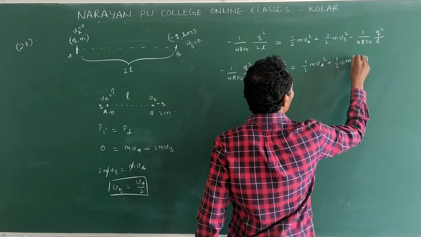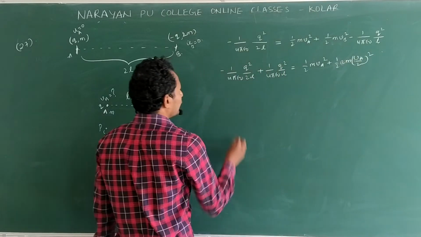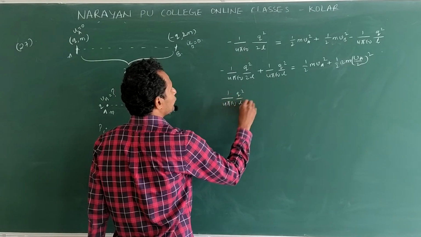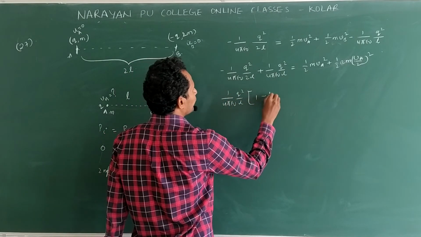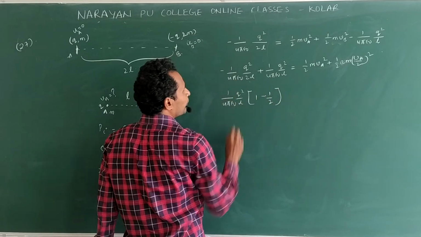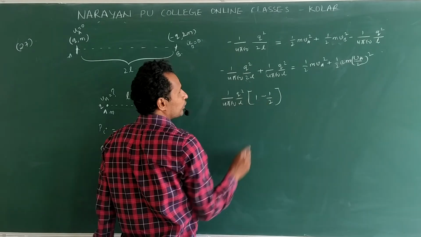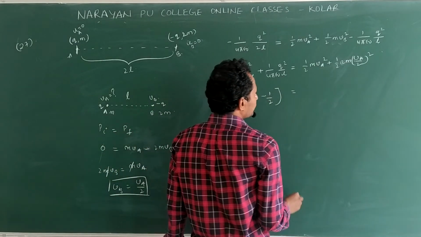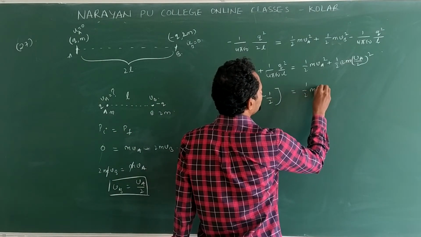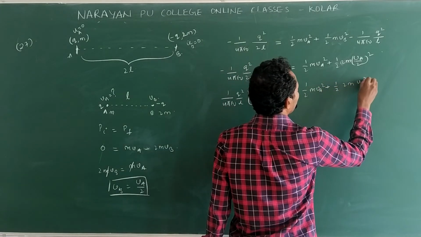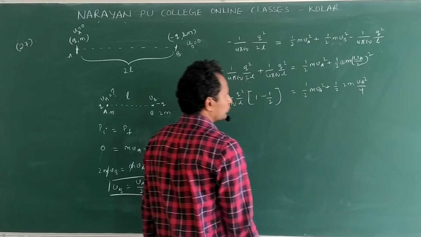VA by 2, whole square. Here 1 by 4 pi epsilon naught Q square by L is common. This is 1 minus 1 by 2. This is completely 1, we have 2. So 1 by 2 minus 1 by 2. Clear? Now half m VA square plus half 2m VA square by 4.